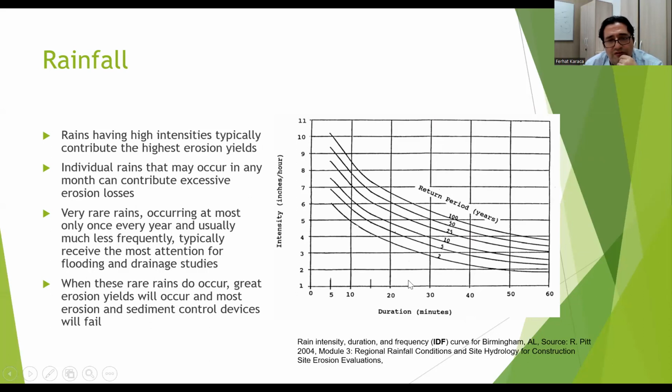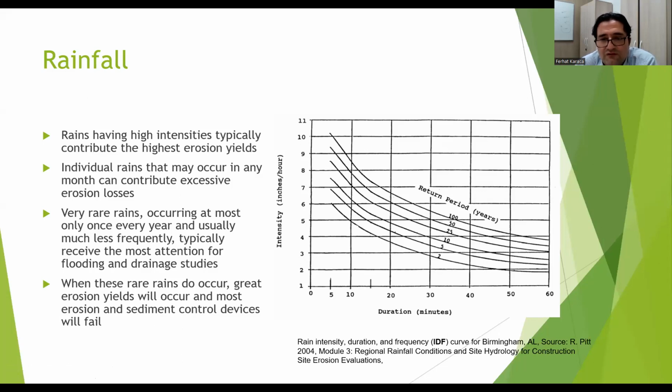This diagram is interesting, and it is showing us what the possible intensity is that you can expect. Actually, it's a probability chart. Let's read together. For example, let's say that a 30-minute rainfall with an intensity of 4 inches per hour is risky.